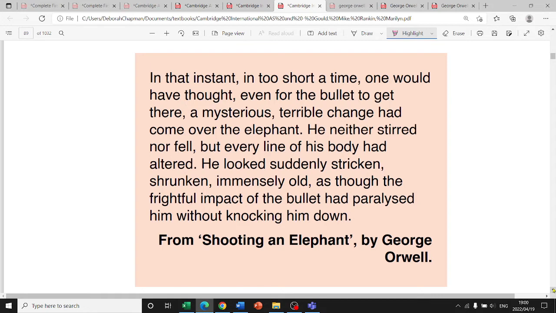He neither stirred nor fell, but every line of his body had altered. He looked suddenly stricken, shrunken, immensely old, as though the frightful impact of the bullet had paralyzed him without knocking him down.